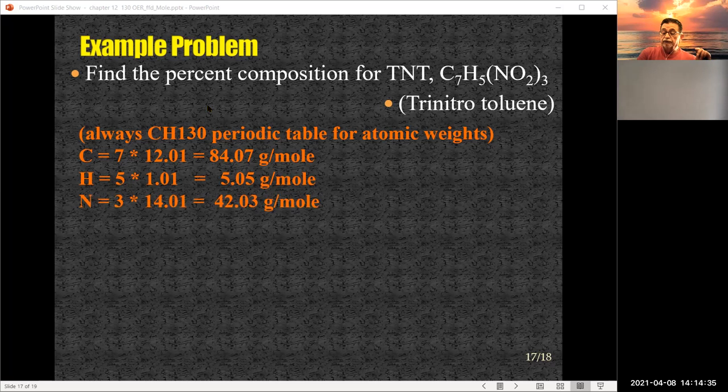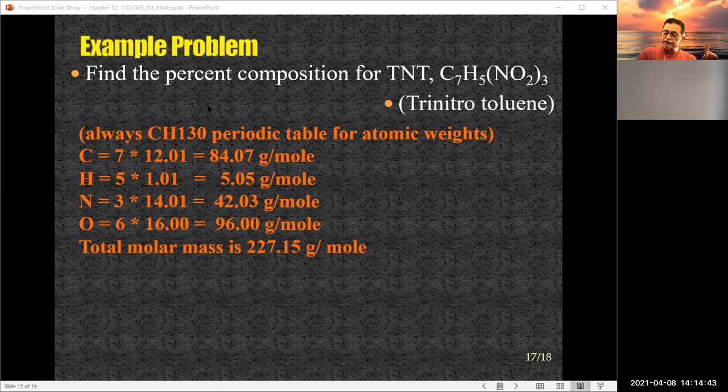Nitrogen, there are 3 at 14.01 each, a total of 42.03. And then oxygen, there are 6 of them with atomic weight of 16.00, so that's 96 grams per mole. Tally all that up. The total molar mass for TNT, trinitrotoluene, aka dynamite, is 227.15.